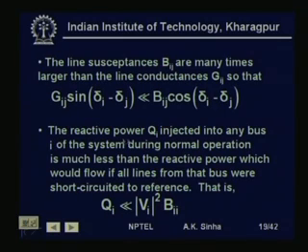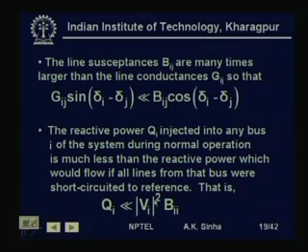Now, the reactive power Q_i injected into a bus i of the system during normal operation is much less than the reactive power which would flow if all the lines from that bus were short circuited to the reference. That is, if we short circuit that bus to the reference, what is the reactive power which will flow?